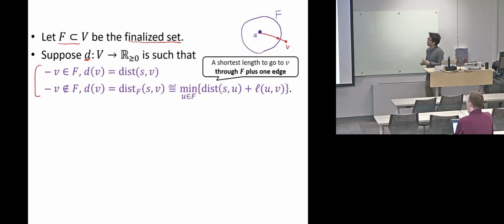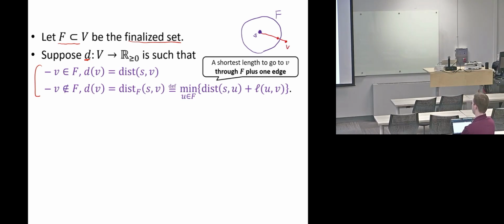That is, we make sure that our estimate D, the position of each node, or the estimate of the distance, is such that for every node that is finalized, the estimate of that node is the correct distance.